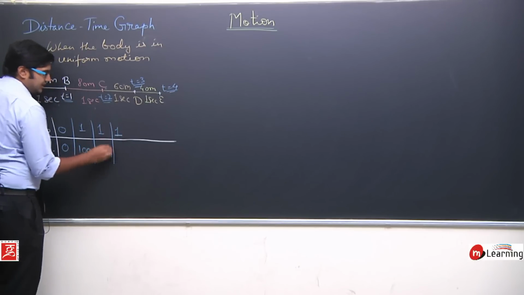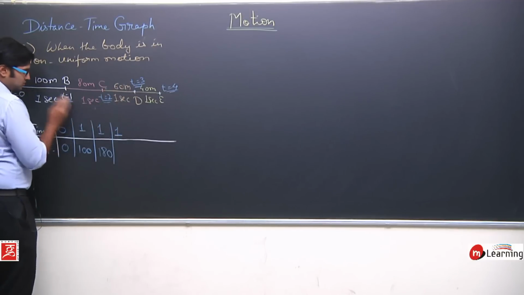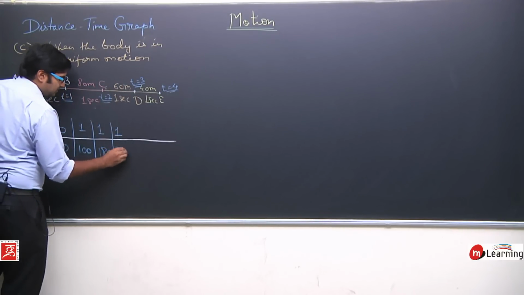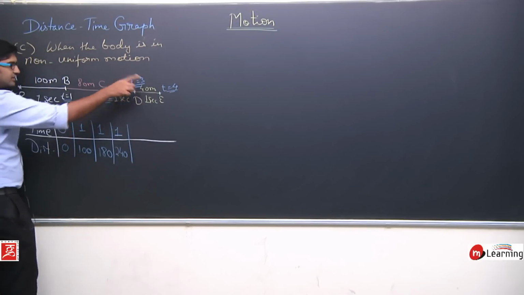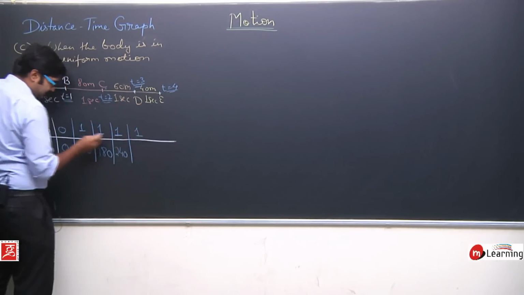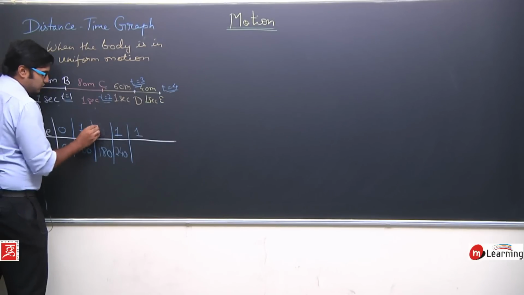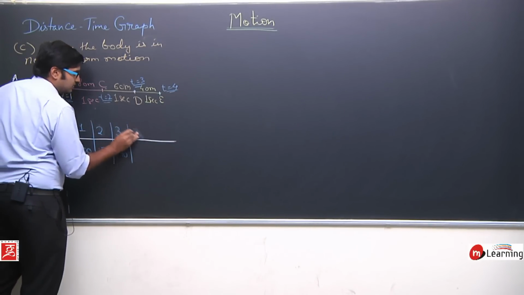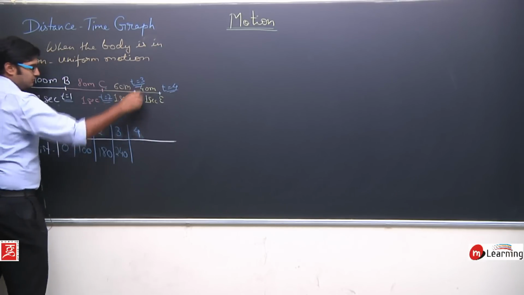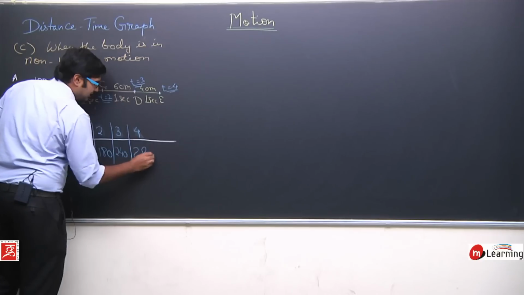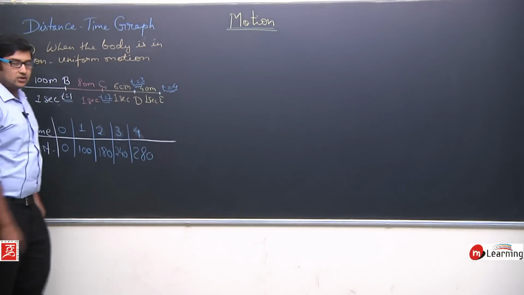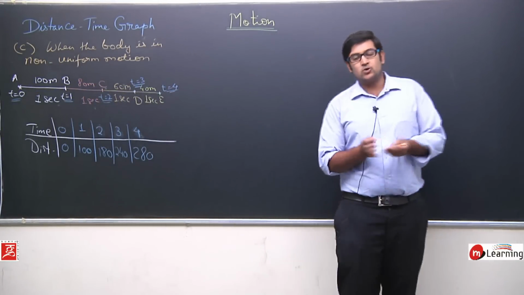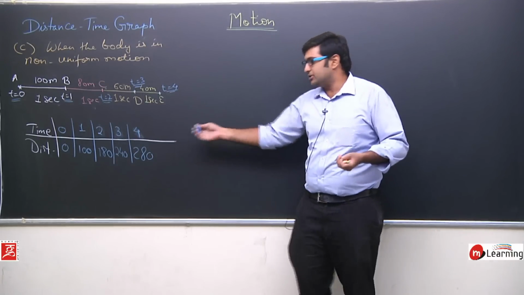And then in the next 1 second the object has travelled 60 more, so 80 plus 60 plus 100 will give you 240 meters. Then in the next 1 second, let me write it here, 2 seconds, and then 3 seconds, and then 4 seconds. The object has travelled 40 further and it is 280 meters. So this is the distance travelled by the object in 4 seconds that I can write in a tabular form.